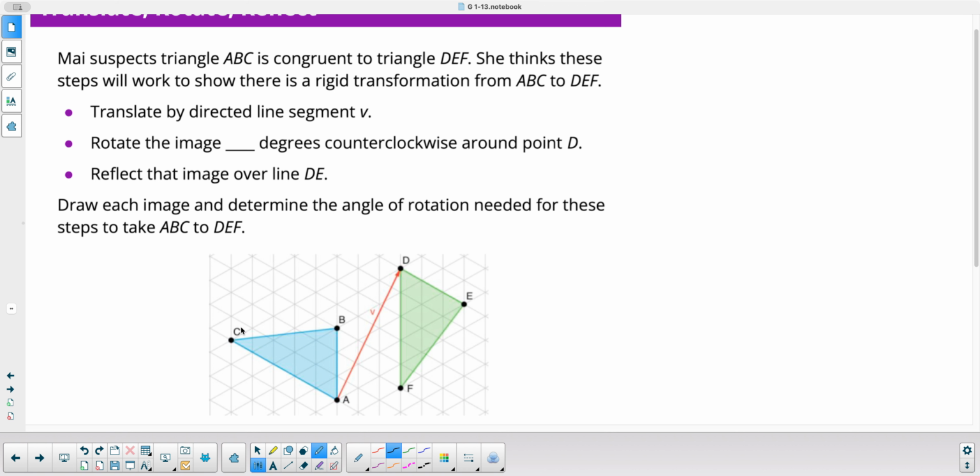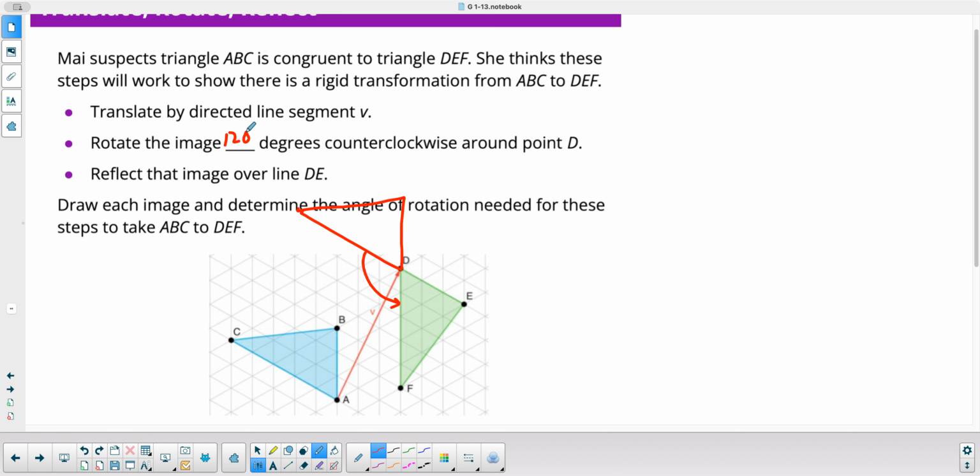Translate by directed line segment V. Rotate the image blank degrees counterclockwise around point D. So looks like it's 120 degrees to go from this side to that side. So I would fill in 120 right there.